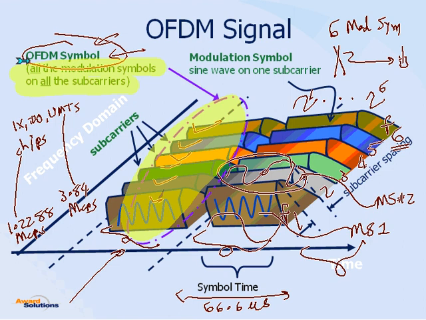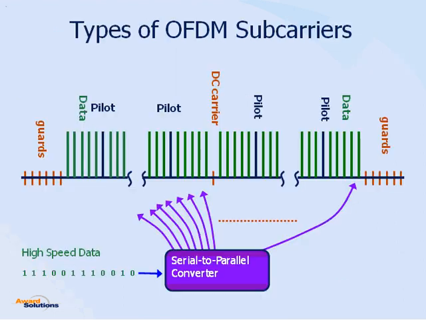So every modulation symbol period, we will send one OFDM symbol because we would combine all the subcarriers using some special techniques which we will discuss later. It is a Fourier transform technique. But that is our definition. Okay, let's move forward.